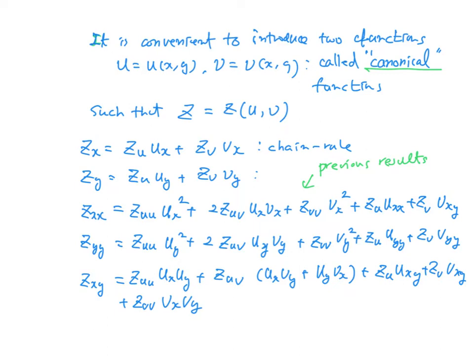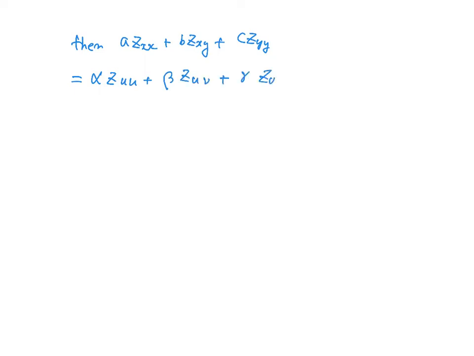I'm just writing down the main result. Then a z_xx plus b z_xy plus c z_yy can be written as alpha z_uu plus beta z_uv plus gamma z_vv plus delta z_u plus epsilon z_v. So alpha is a u_x squared plus b u_x u_y plus c u_y squared.